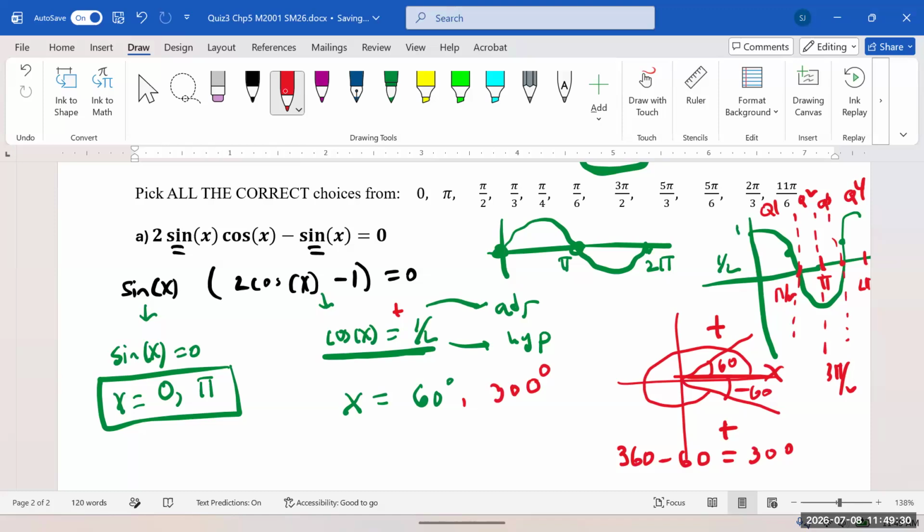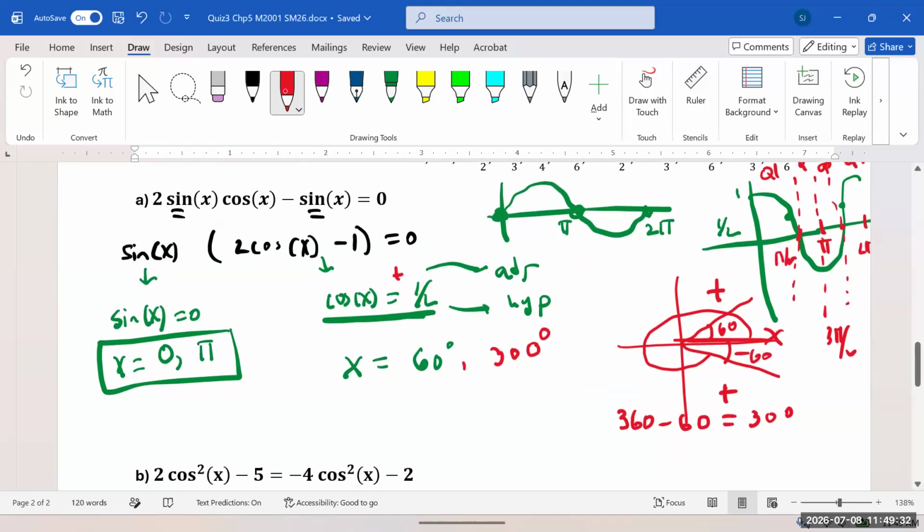Okay. And now since we know the degrees, we work with degrees, but the answer must be in radian mode. So you have to convert each one of them into radian. 60 is simple, it's pi over 3. If you tell me the answer pi over 3 without doing any work, I will accept.